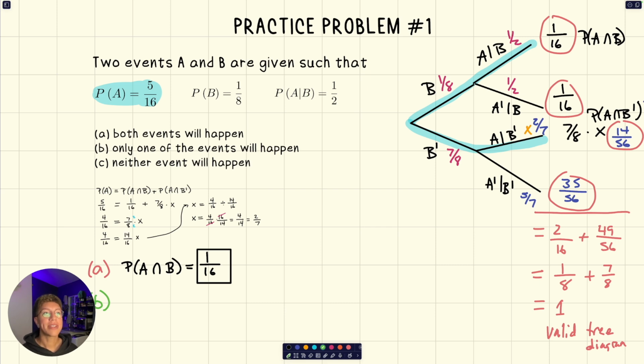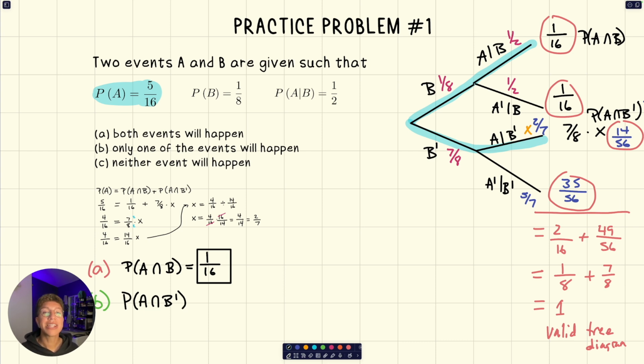Our next one is, what is the probability of only one of the events happening? So what's the probability that only A happens? Well, probability that A happens but B doesn't happen is when A and B does not happen, or A intersection B not.